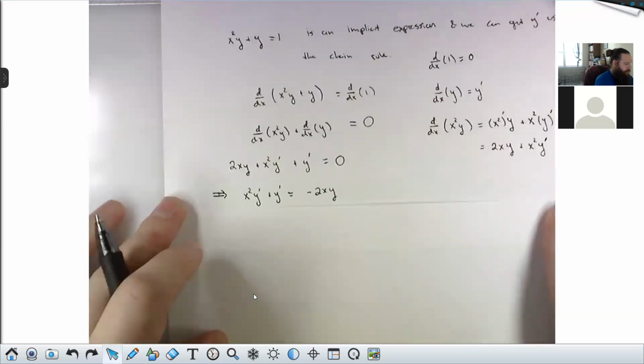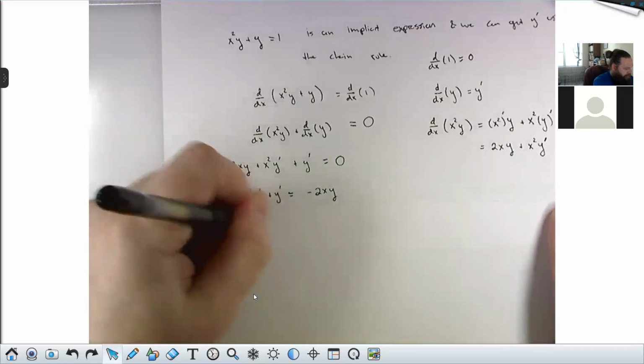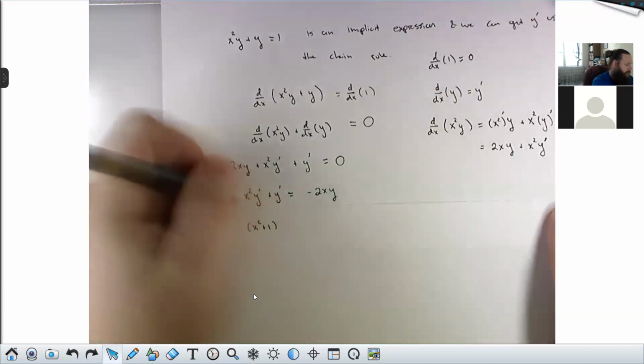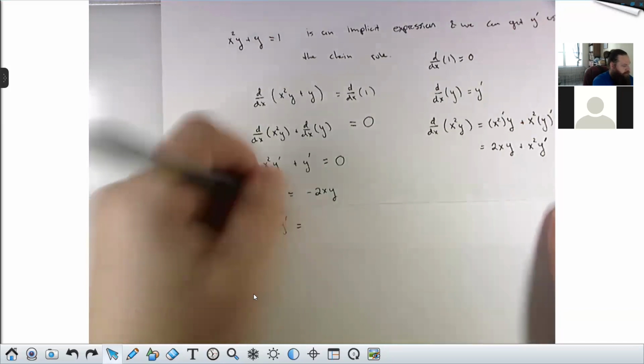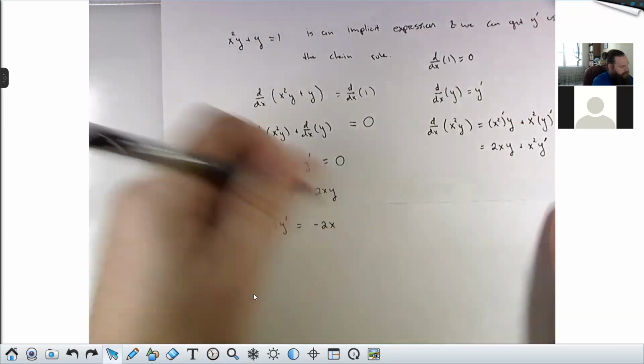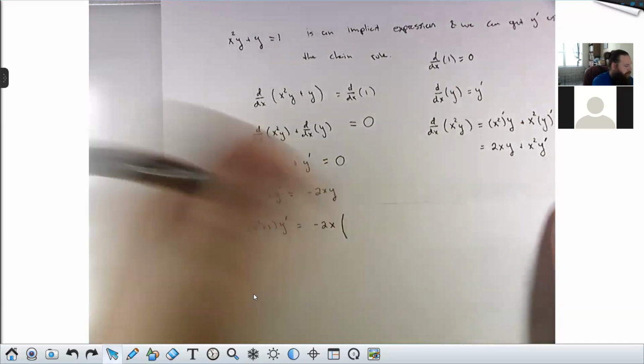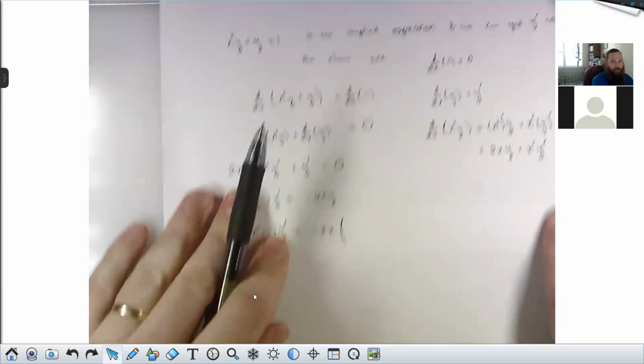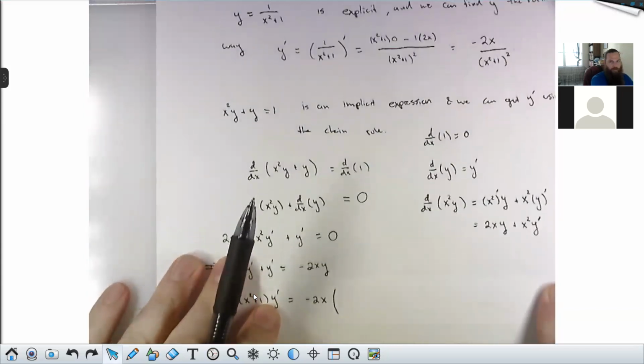I can factor y prime on the left. x squared plus 1 times y prime is equal to negative 2x. And I plug back in for y here. y, remember, is 1 over x squared plus 1.